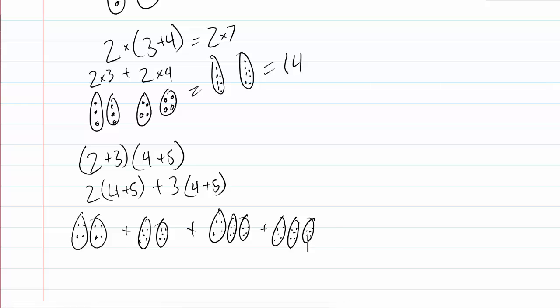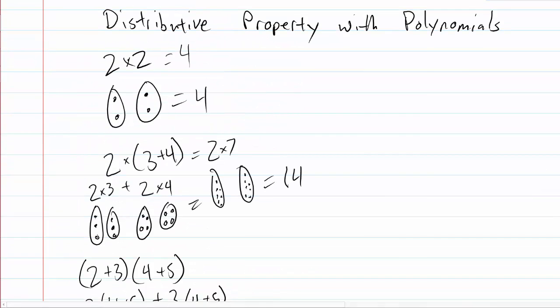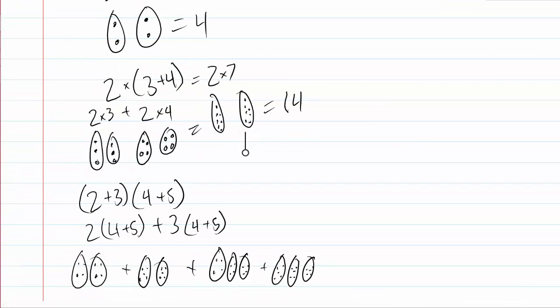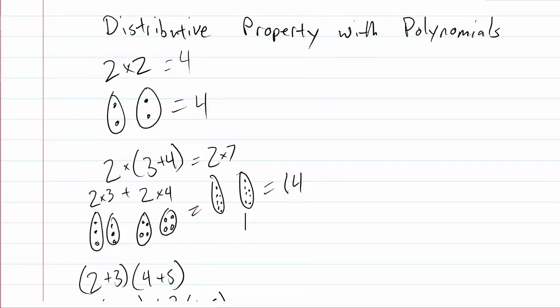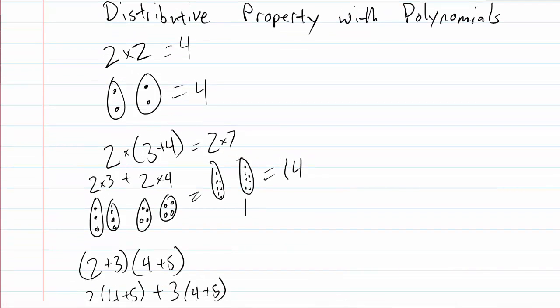And that is basically how we are applying the distributive property here, going from basic multiplication to multiplying 2 binomials and integers. Now we'll move on to how we can apply this with variables.